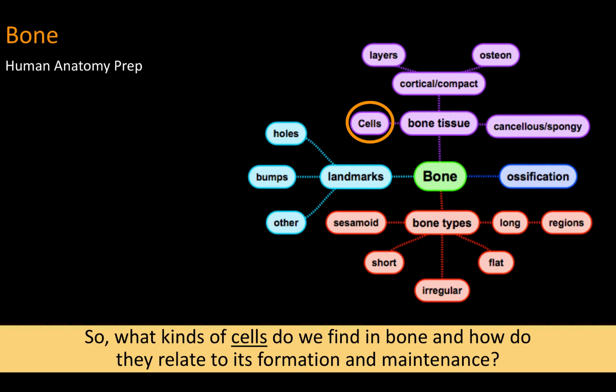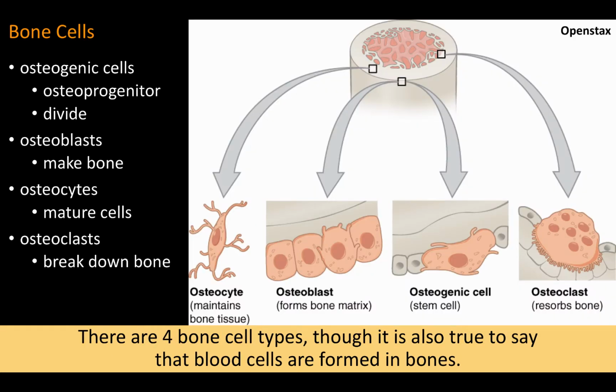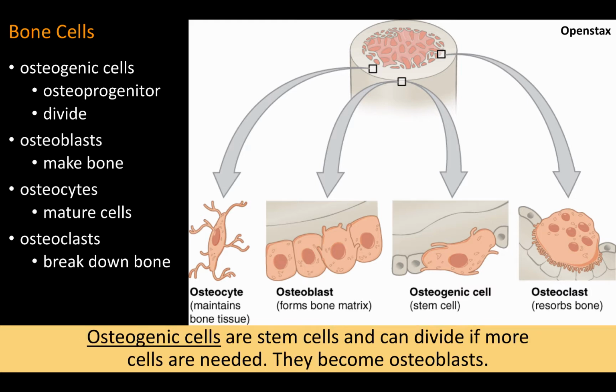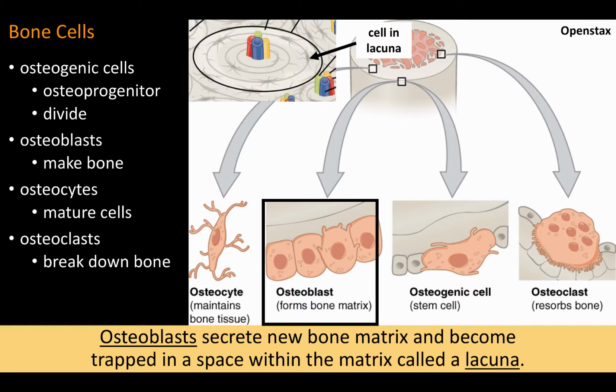So, what kinds of cells do we find in bone, and how do they relate to its formation and maintenance? There are 4 bone cell types, though it is also true to say that blood cells are formed in bones. Osteogenic cells are stem cells and can divide if more cells are needed. They become osteoblasts. Osteoblasts secrete new bone matrix and become trapped in a space within the matrix called a lacuna.